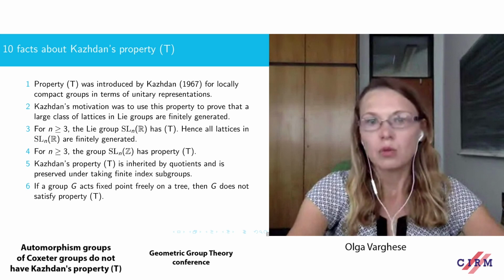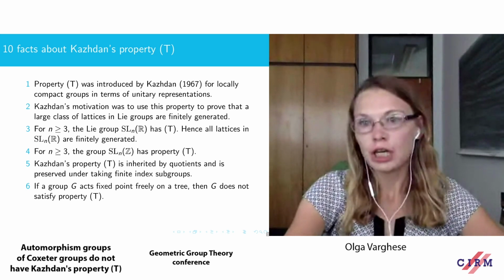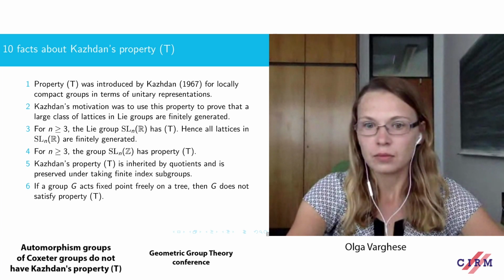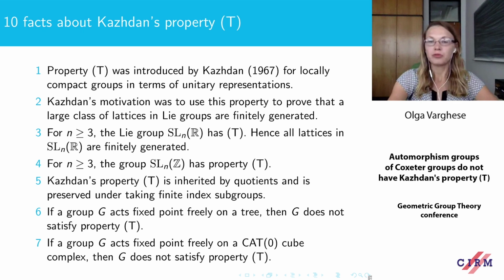Trees are one-dimensional CAT(0) cube complexes, and Niblo and Reeves generalized this fact to higher dimensional cube complexes. They proved that if a group G acts fixed point freely on a CAT(0) cube complex, then G does not satisfy property T. This fact was recently used by Ozawa to show that Burnside groups do not have T.